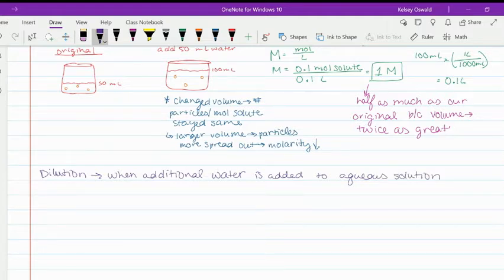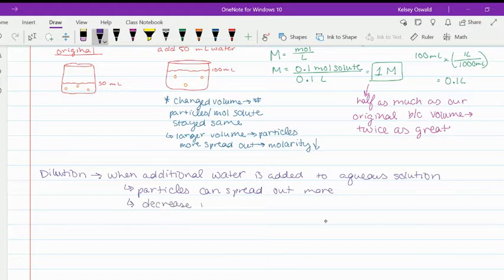It's just that we're adding additional water. And when we're adding additional water, we saw that our particles could spread out more. And since our particles are spreading out more, that is causing us to have a decrease in molarity.